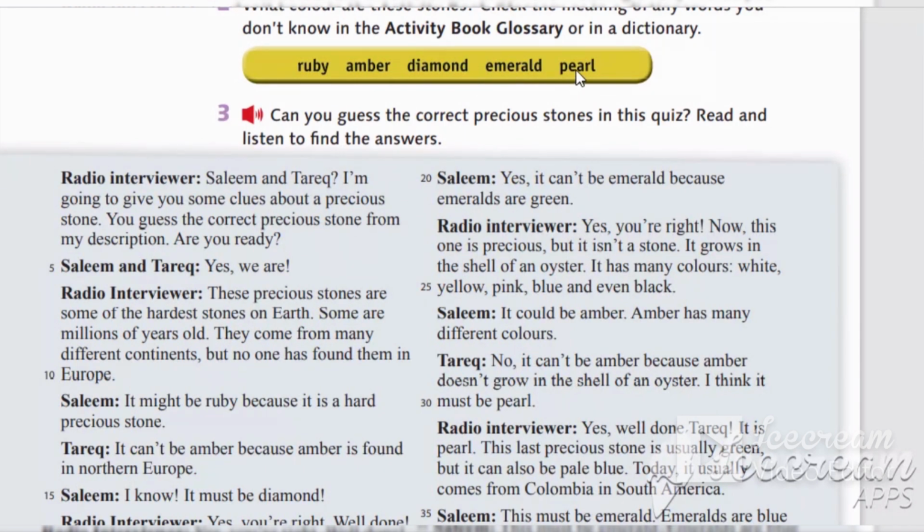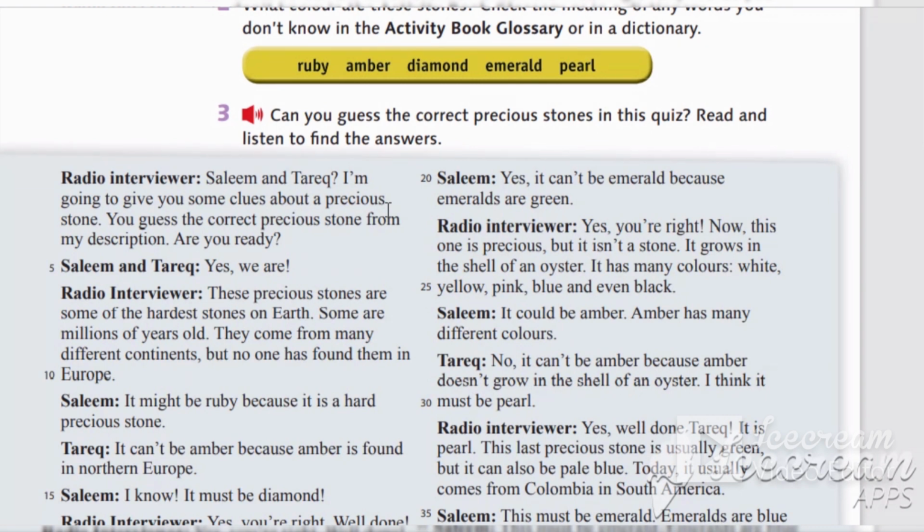What is a pearl? Pearl, al-lu'lu. Each one of these stones has its own characteristics, khasa'is, and these characteristics help us to know the name of the stone.